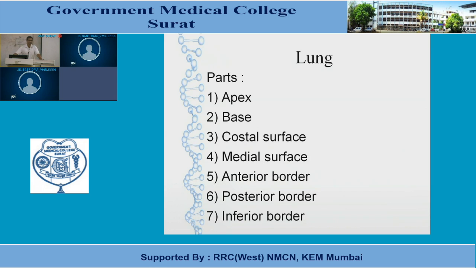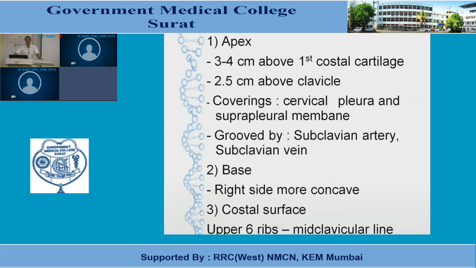Now two lungs, right and left lung, are present. These lungs will show gross features like this: apex, base, then costal surface, medial surface, anterior border, posterior border and inferior border. Now apex.